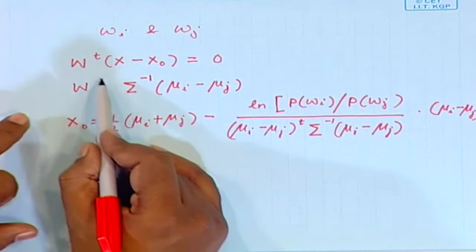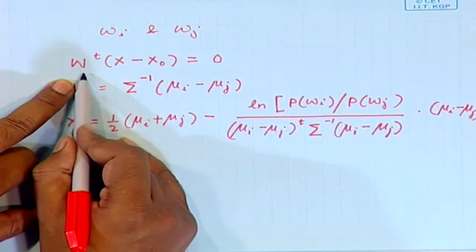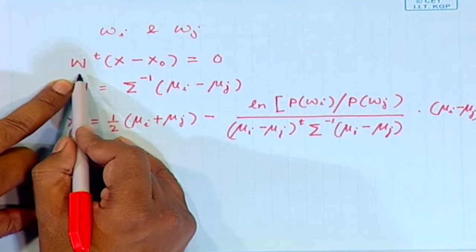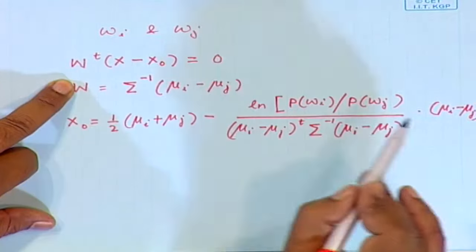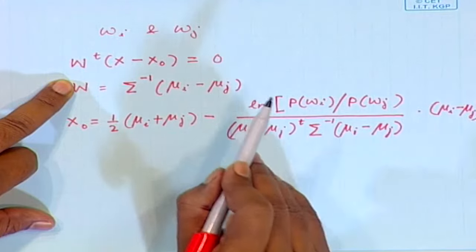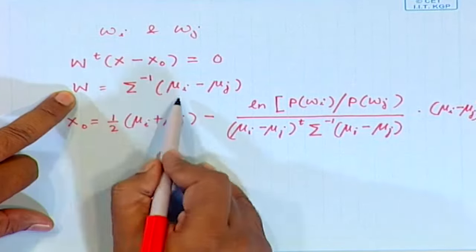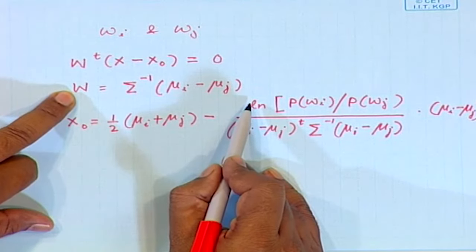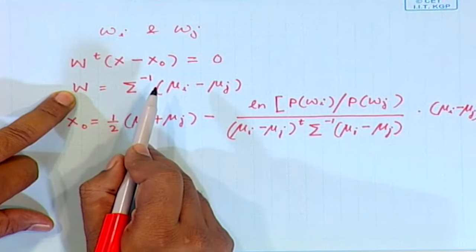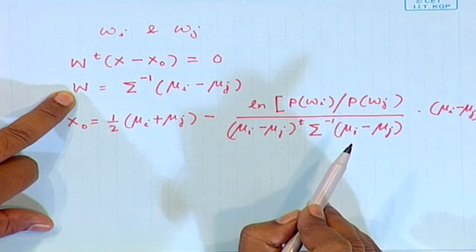So, you find that from this expression, though my decision surface is orthogonal to vector w, in the previous case w was in the direction of the vector mu_i mu_j, so the decision surface was orthogonal to the line joining mu_i and mu_j. And in this case, because w is not in the direction of the line joining mu_i and mu_j, the decision surface is not in general orthogonal to that line.